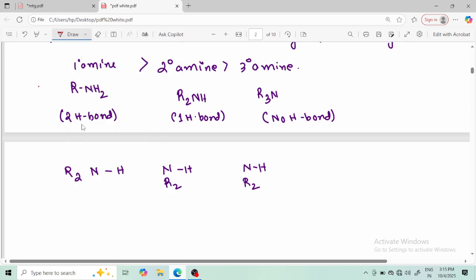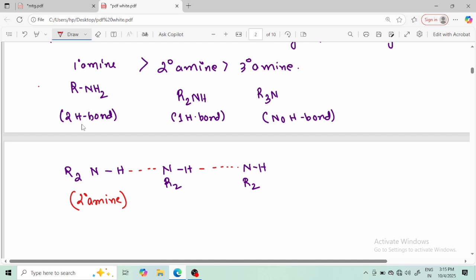Now there will be a hydrogen bond between them, this red mark, can you see? Because of the presence of this hydrogen bond, here it's 2 degree amine, the example that I'm taking. So 2 degree amine is only making 1 hydrogen bond. Now this hydrogen bond holds the molecules strongly, so you have to apply more heat to break this bond and to change the liquid form of this amine into vapor. All right, so that's the whole logic behind it.